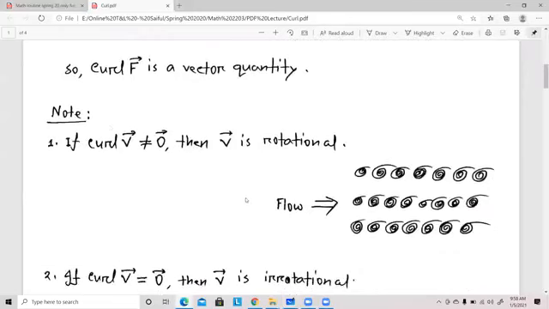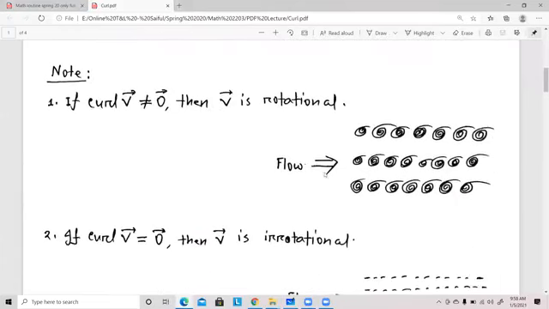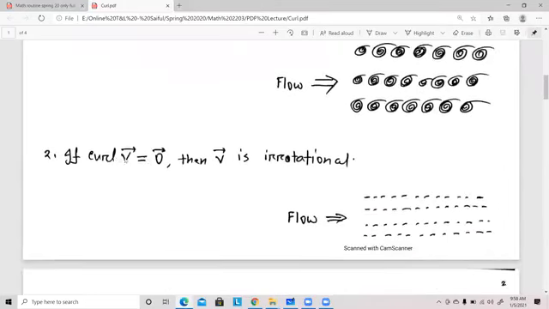Here it is stated: note that there are two notes. If curl of v is not equal to 0, then v is rotational, and in that case the flow will be like that. If curl of v equals 0, then v is irrotational, and in that case the flow pattern will be this.